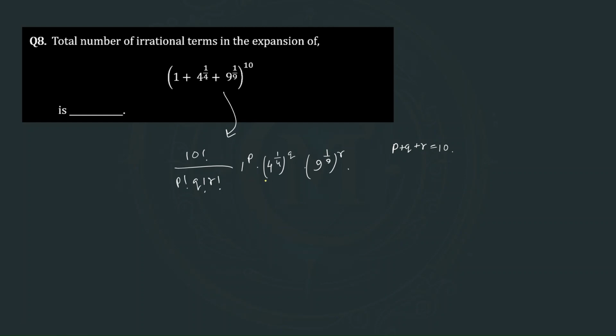Now be careful while handling these terms, because this 4 and 9 both are composite numbers. So we have to first convert them into primes. So it will be 1 to the power p, then 2 to the power q by 2, then 3 to the power 2r by 9. Then this coefficients as it is.